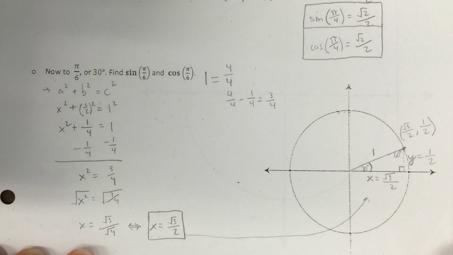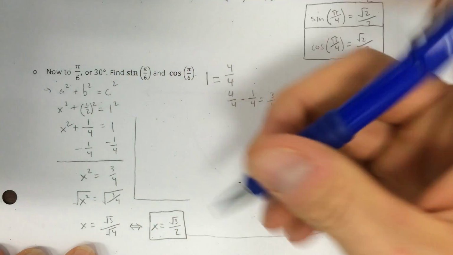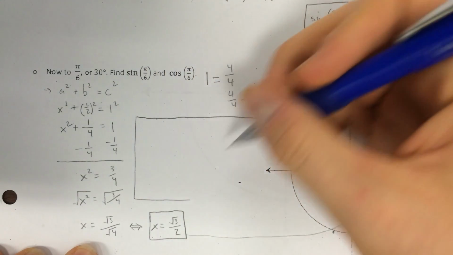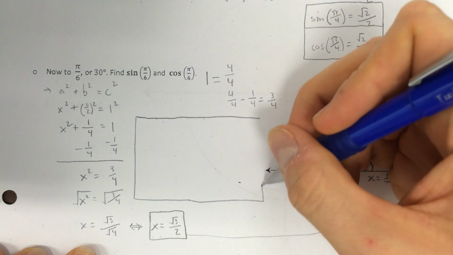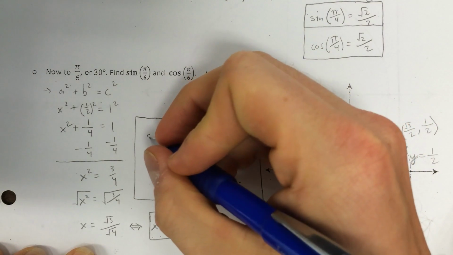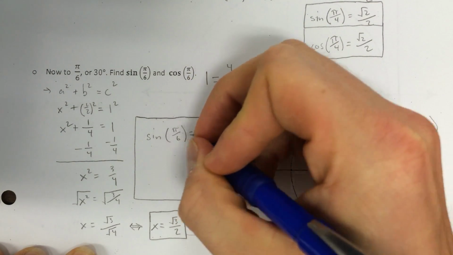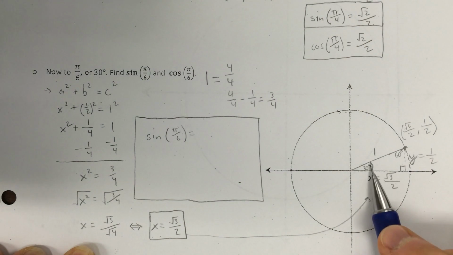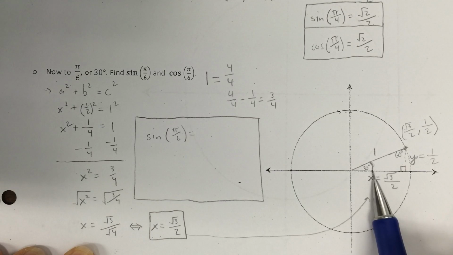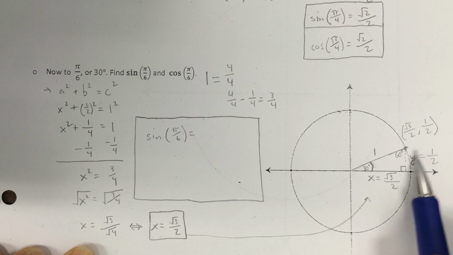Now, I'm going to talk through sine and cosine. I'm not going to do a whole calculation like we did in part 1. I'm just going to talk through it. So I'm going to say sine of pi over 6. Well, if we look here, this is pi over 6 or 30 degrees. And sine is opposite over hypotenuse. Well, the side opposite this angle would be y, or 1/2.